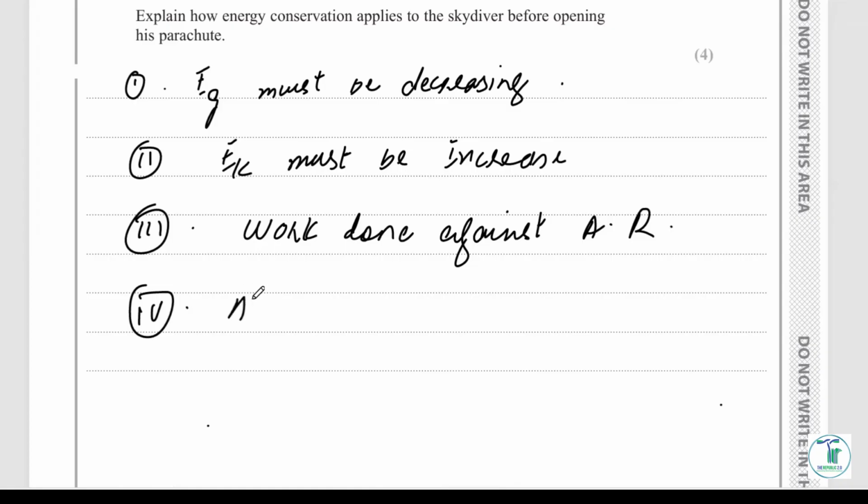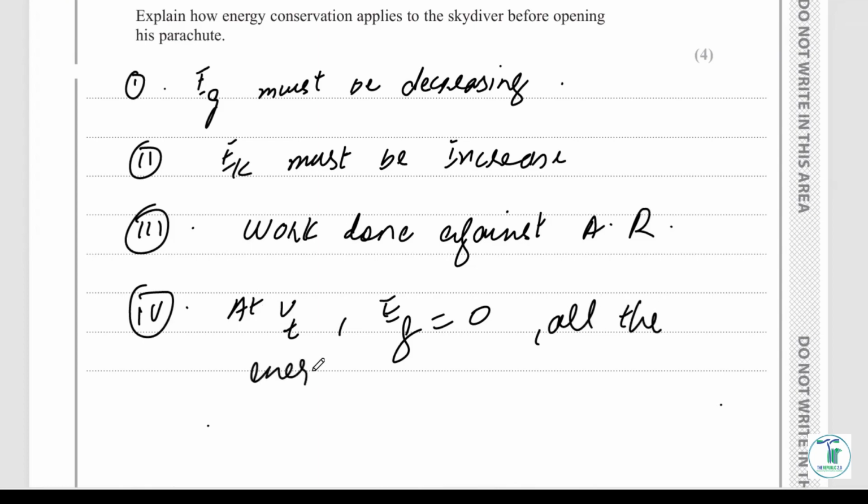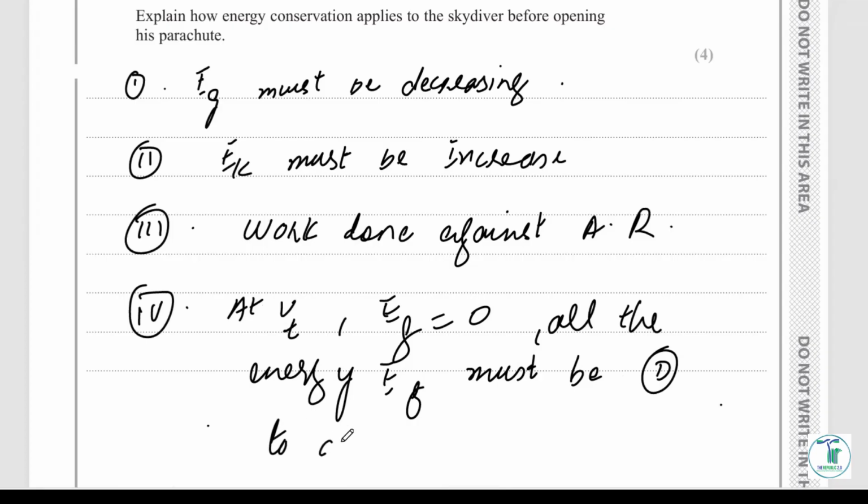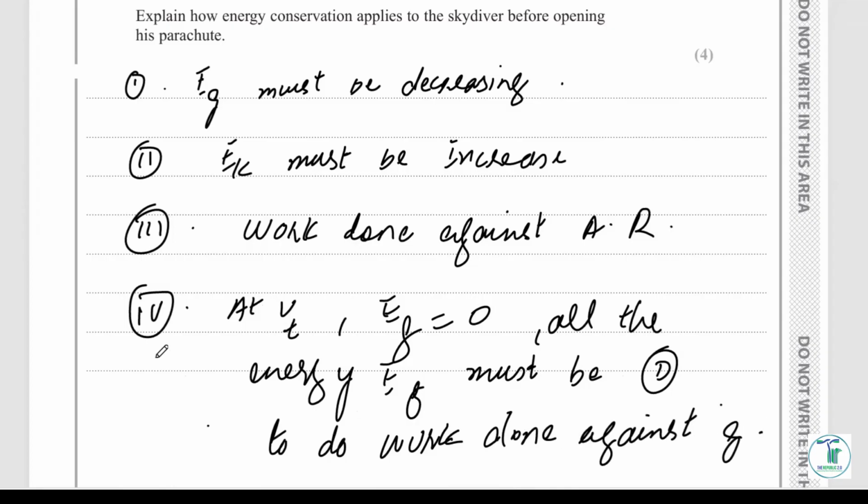So at terminal velocity, all the gravitational potential energy must be dissipated doing work against air resistance. That is what we all need to know.